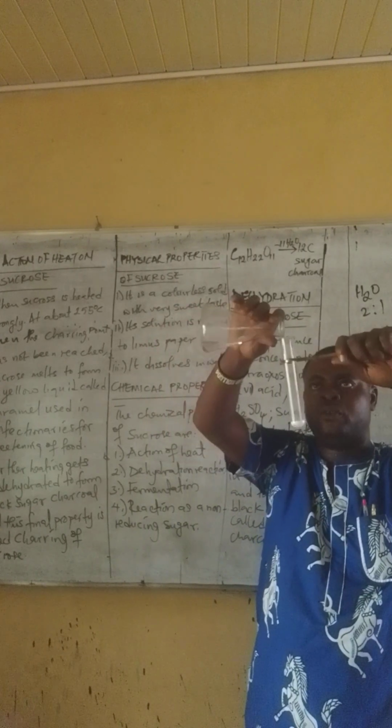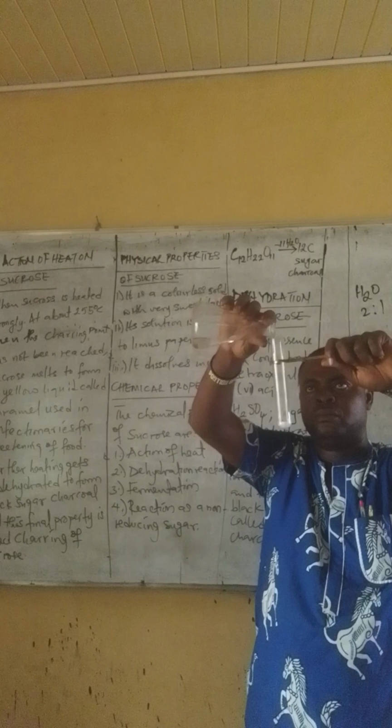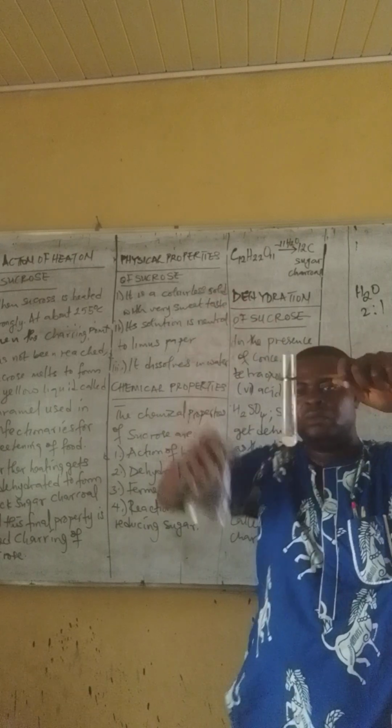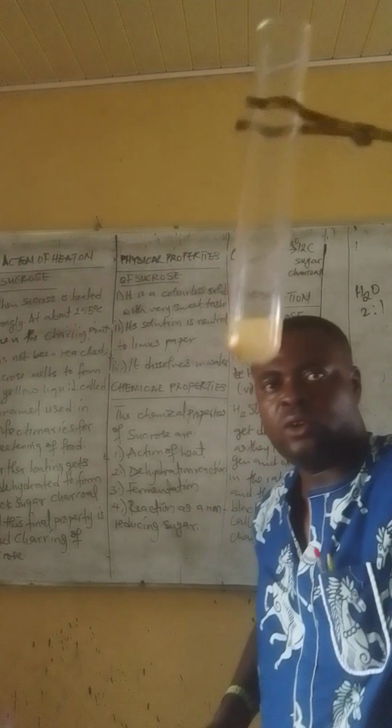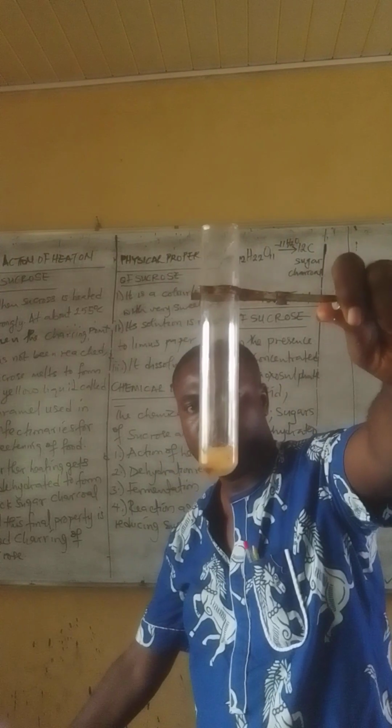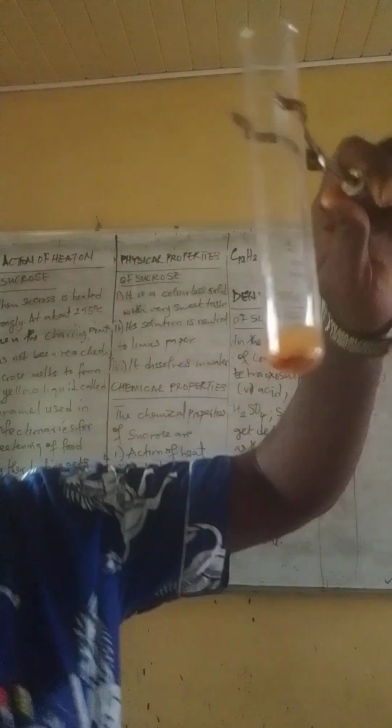So let's pour. So you can see the color change as the color is changing. Can you see? So it's turning already to sugar charcoal. It's becoming black gradually. So that is dehydration has taken place. The sucrose has lost all the hydrogen it has, all the oxygen it has. It's now left with what? Carbon, black carbon. So that is what you can see there.